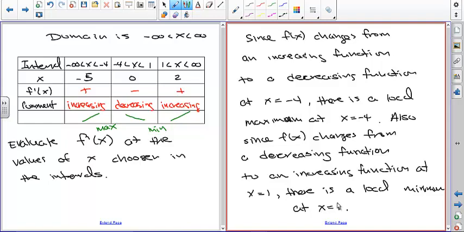You'll pick values of x that are in those intervals to figure out whether it's increasing or decreasing by evaluating the first derivative. And from the information about whether it's going from increasing to decreasing or decreasing to increasing, you can use this reasoning to determine whether it's a local minimum or local maximum.